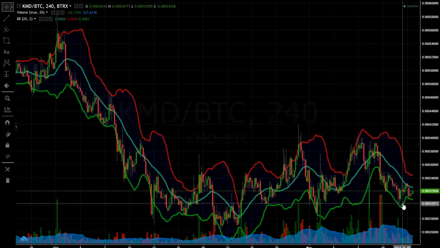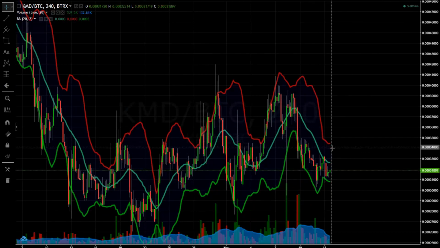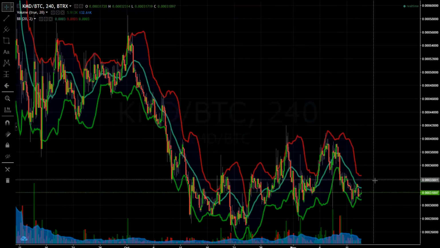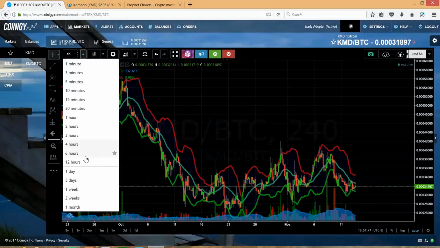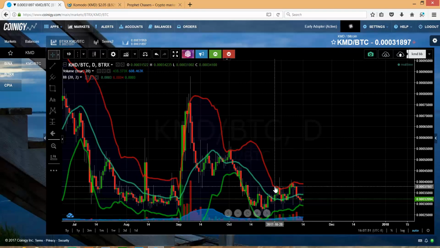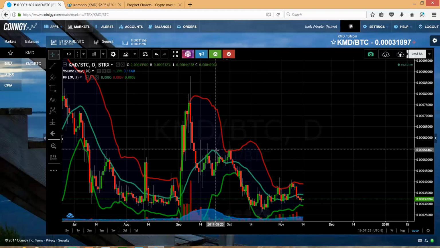And what I'm noticing is that it's starting to squeeze in here. So I think it's going to squeeze and it's going to run a little bit. And this is a 4-hour chart. Until it's a clear entry point, I wouldn't jump in. I do see a squeeze happening right now, so I believe it's time for this to take off.